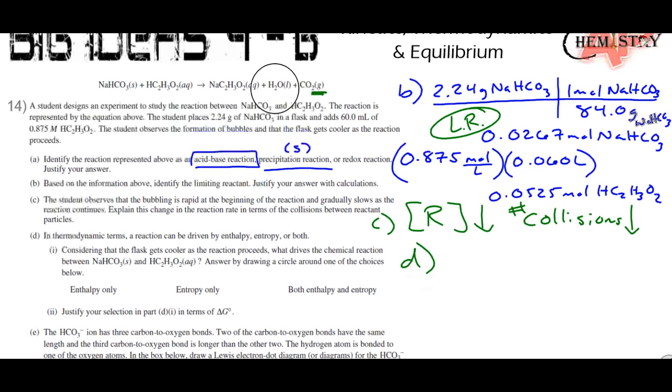Enthalpy is about heat. Entropy is about disorder. And then we can talk about both. For a reaction to drive forward, you want to increase disorder. Heat or energy, you want to release that energy.